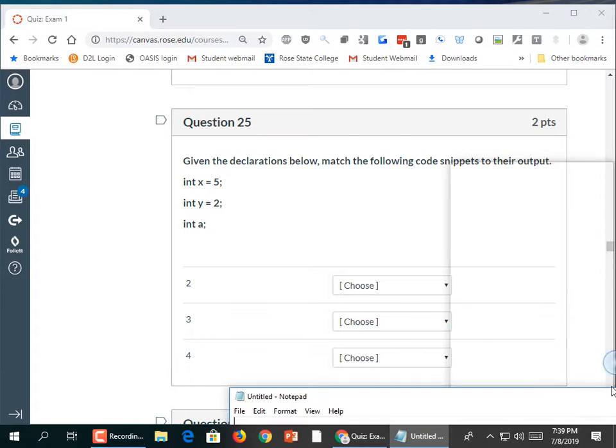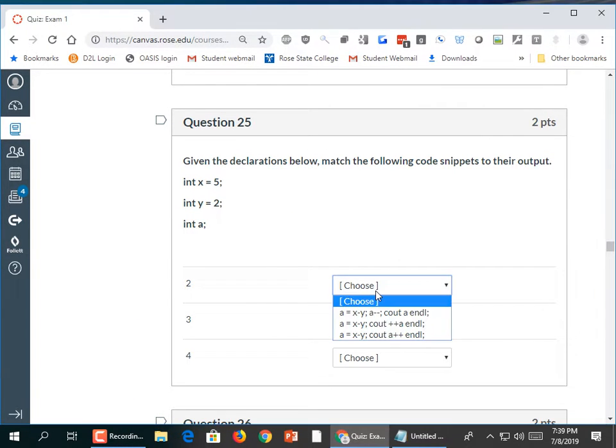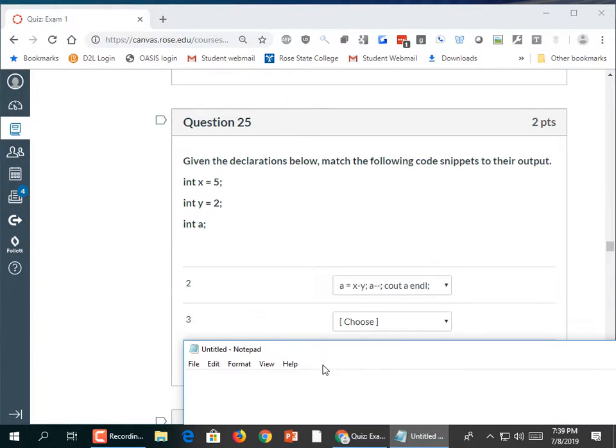So if we have x minus y, a minus minus, so x is 5, y is 2, and then we do a equals x minus y, a minus minus, c out a.